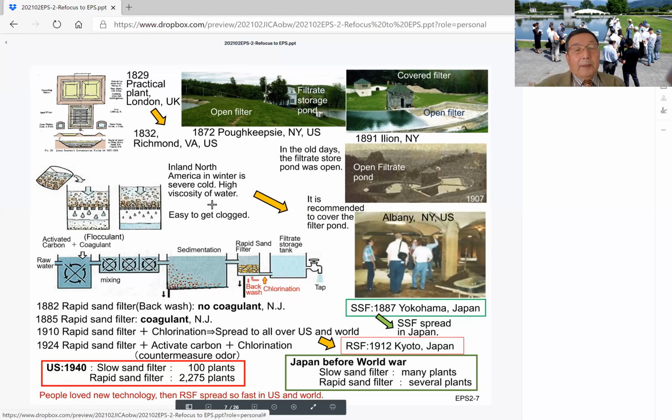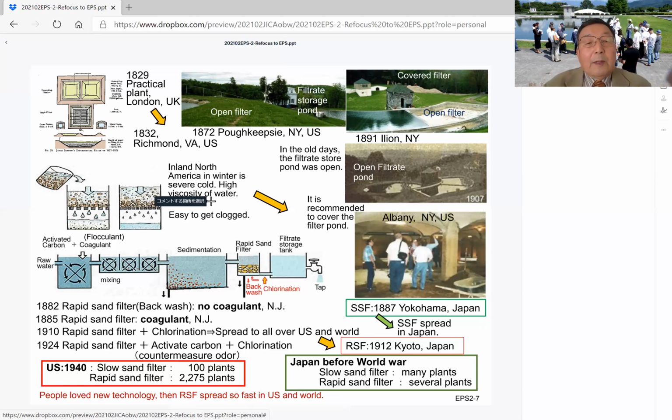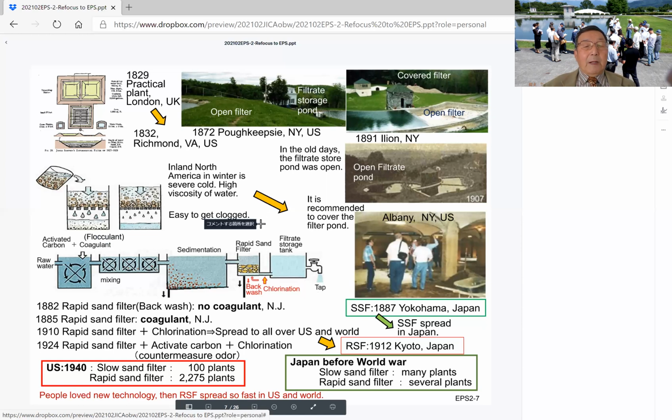As you know, in New York, or more inside of the United States continent, it is easier to get clogged, due to, they believe, the turbid matter. In that case, they use chemical coagulant, flocculant.